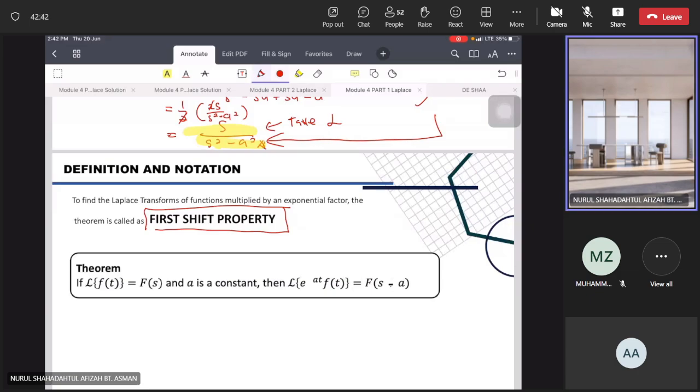This is the theorem, which is Laplace of ft equals Fs, and a is constant, then Laplace of e to the at times ft is equal to F of s minus a. So this is the first shift property.